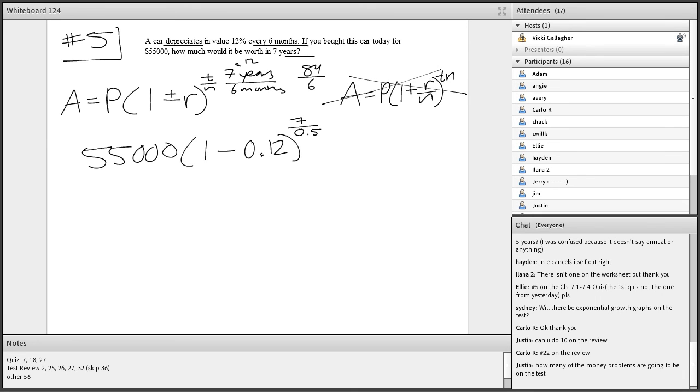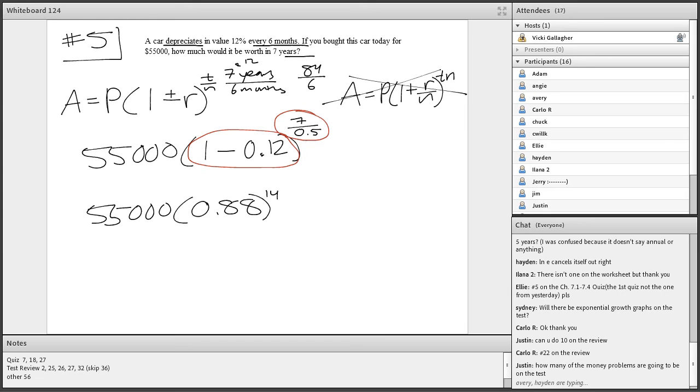Whichever of those two you prefer, you'll get the same answer either way. I like to get the parentheses down to a single number, and I like to get my exponent down to a single number before I try to type in to get a final answer. So I have 55,000, this is 0.88, and this is 14. And now this whole thing can be typed into your calculator.